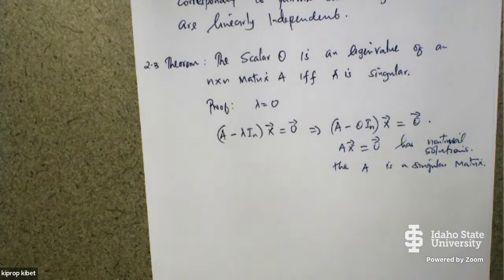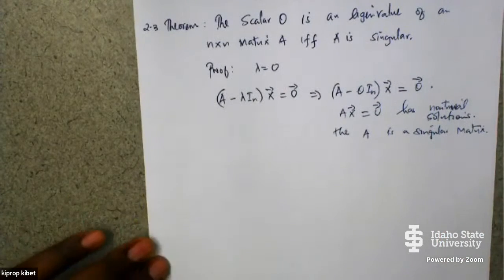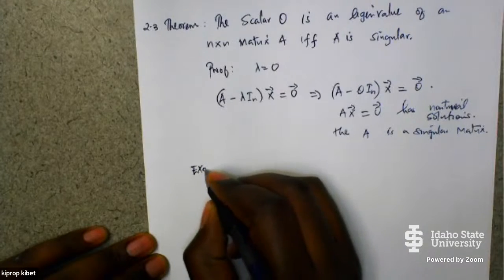If it has a non-trivial solution, then A is linearly dependent, so the determinant is equal to 0.